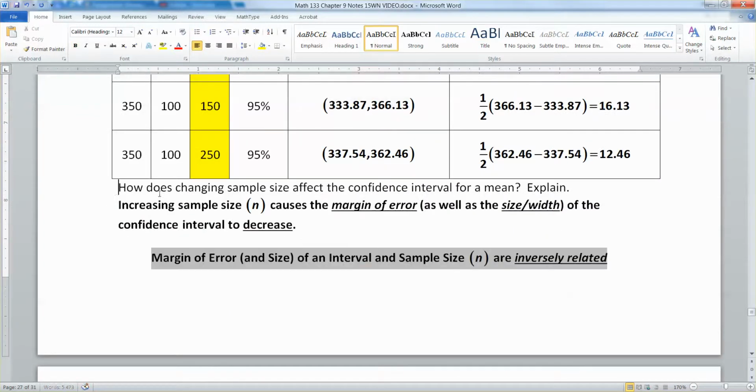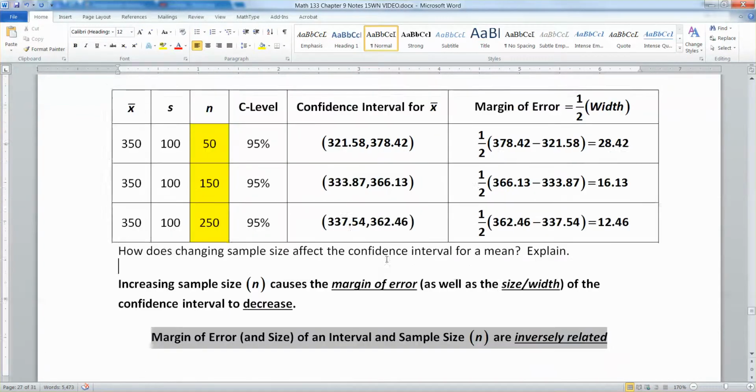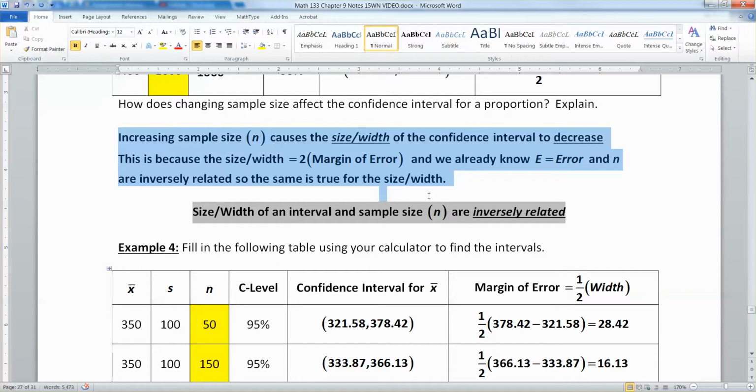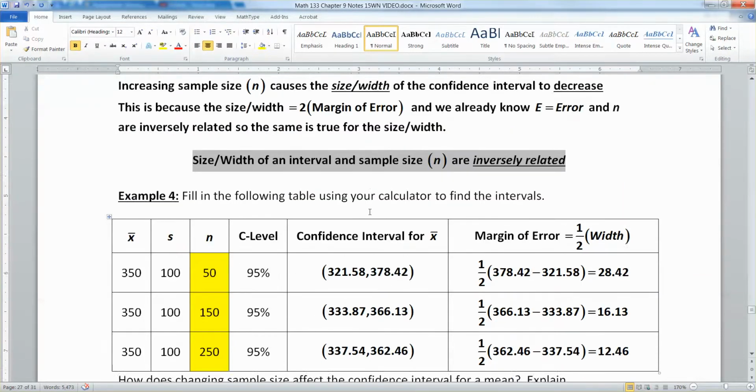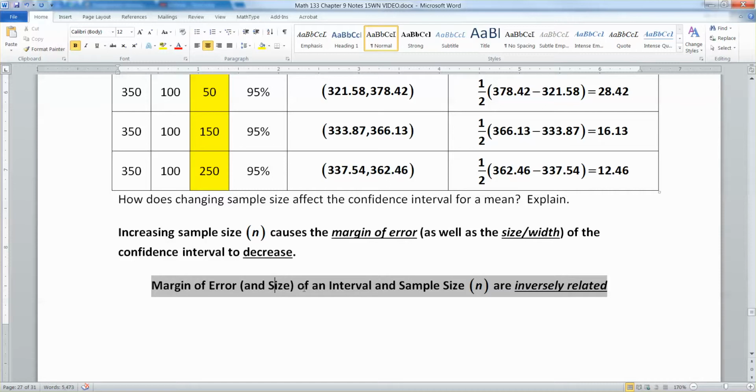They're inversely related to each other, which is exactly what we wrote right here, that the size and the width of an interval and the sample size are inversely related. And that's because the margin of error is inversely related. So the margin of error and the size, the width, they're the same thing, of an interval and the sample size are inversely related to each other, meaning when one goes up, one goes down.